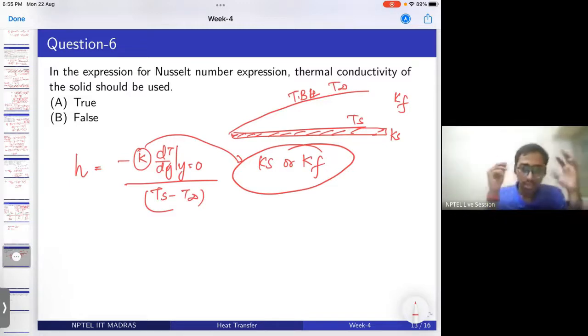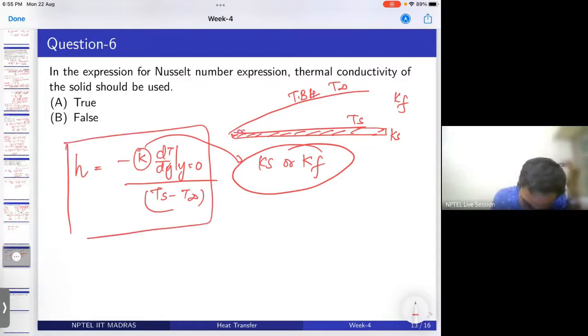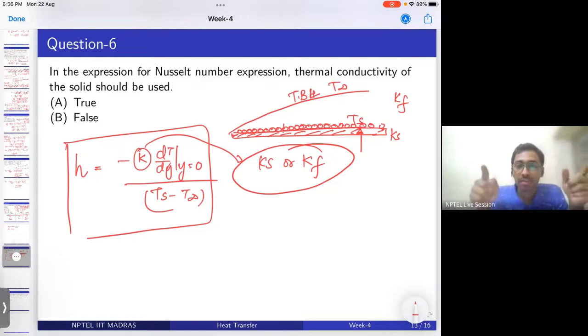Just think about how we derive this expression. Here we have the first layer of molecules which are stagnant, right? Whatever heat is transferred from this plate to the fluid transfers to the first layer of fluid by conduction, because it is stagnant. From that stagnant layer of fluid, it is convected to the free stream.